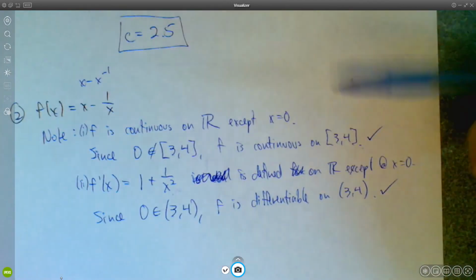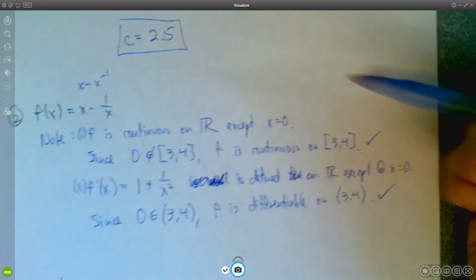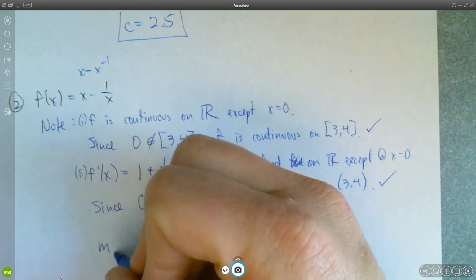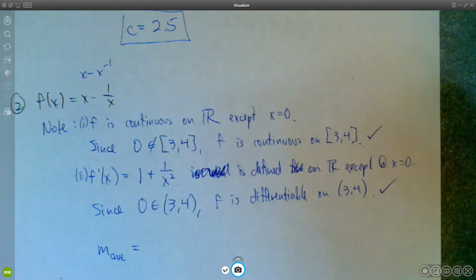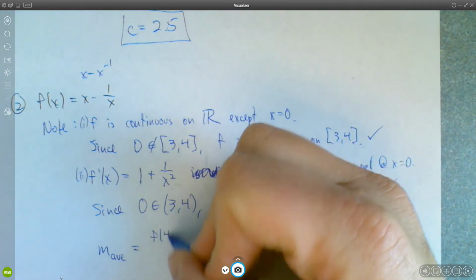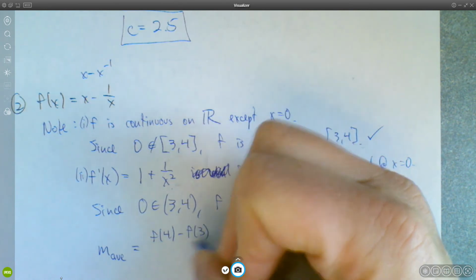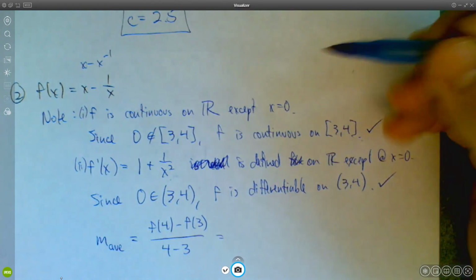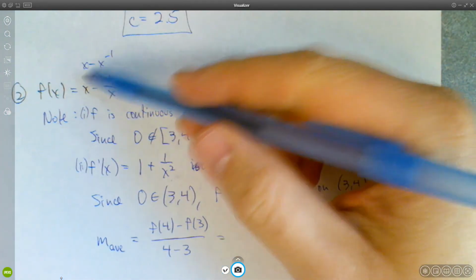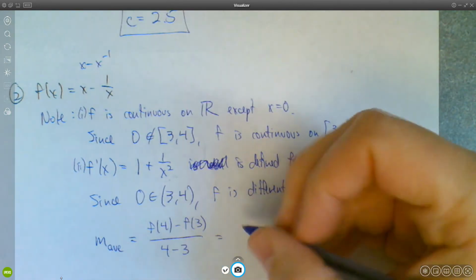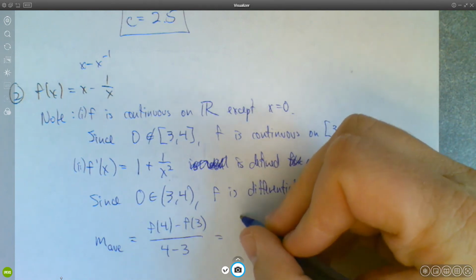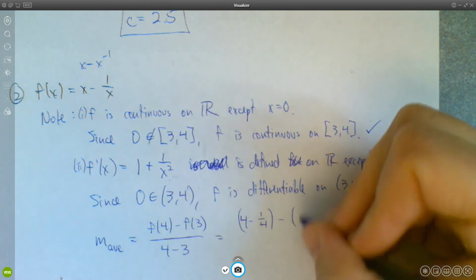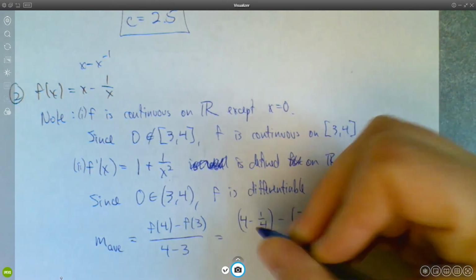Okay, so the average rate of change on the interval from 3 to 4, maybe I'll call it m average, is going to be f of 4 minus f of 3 over 4 minus 3. f of 4 is 4 minus a fourth. f of 3 is going to be 3 minus a third.